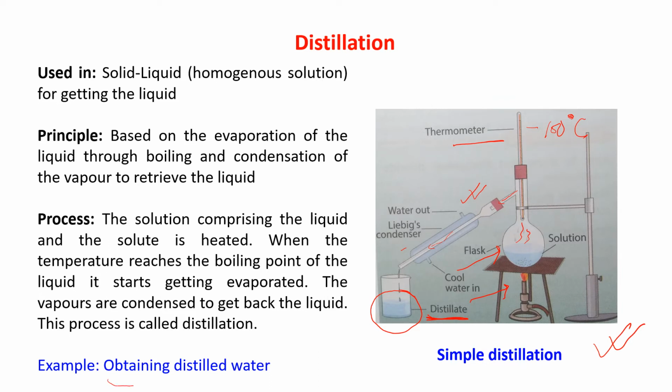To obtain distilled water from impure water, we use the method of distillation. See the process. The solution comprising the liquid and the solute is heated. When the temperature reaches the boiling point of the liquid, it starts getting evaporated. The vapors are condensed to get back the liquid. This process is called distillation.